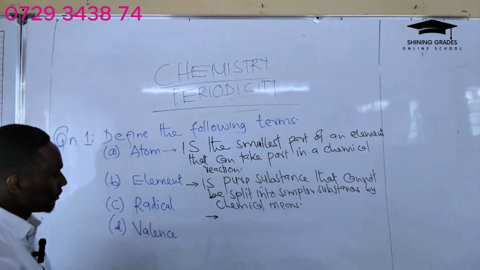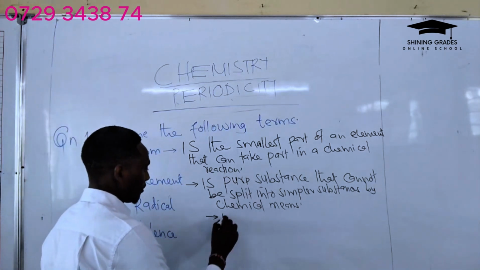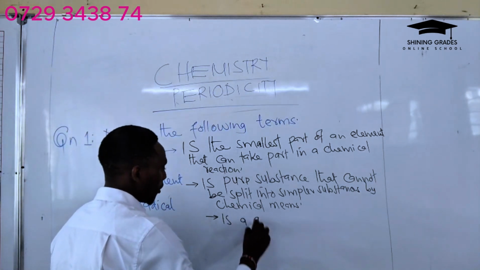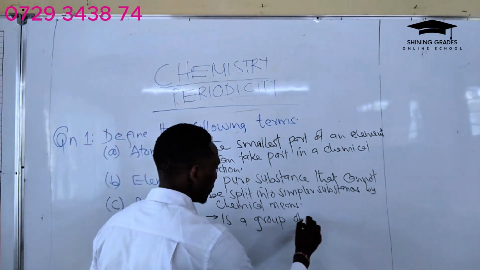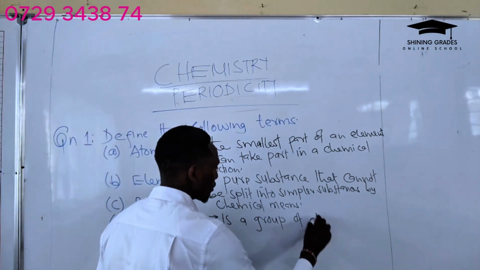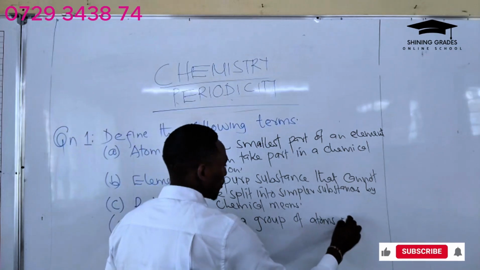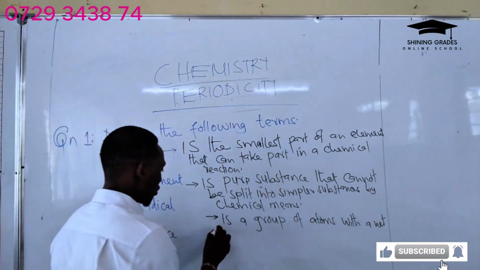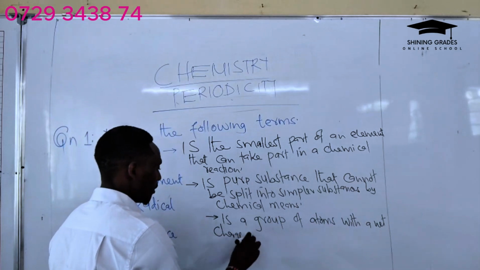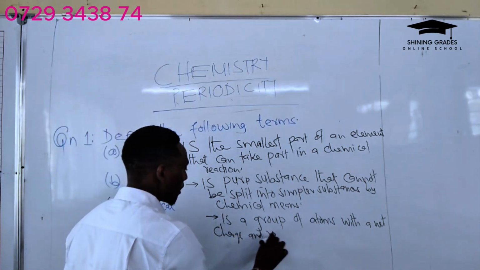A radical is a group of atoms with a net charge and reacts as a unit.